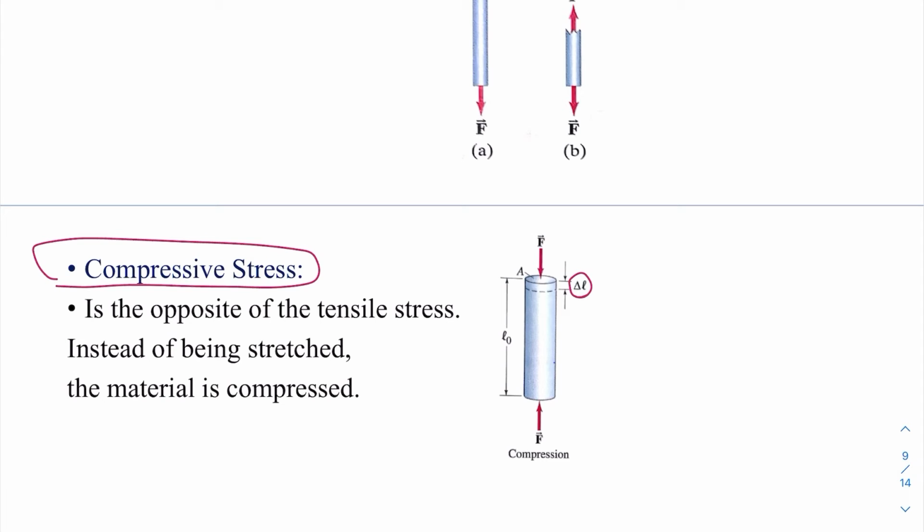The change in the length is not an increase in this case, it is a decrease of the length. So delta L here is the change caused by compressive stress.